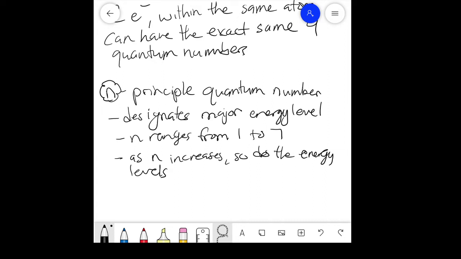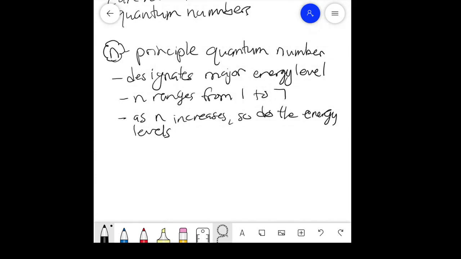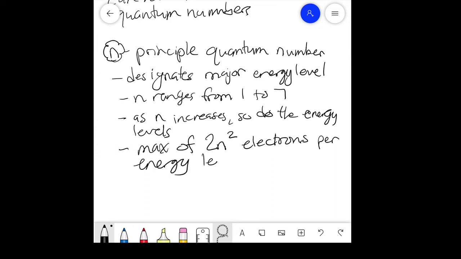But if you have like 73, there's way more room, they have to spread out, and so they're going to have larger energy levels. In an energy level, you can have a max of 2n squared electrons per energy level. And we will see this come into play with sublevels, which is our next quantum number.